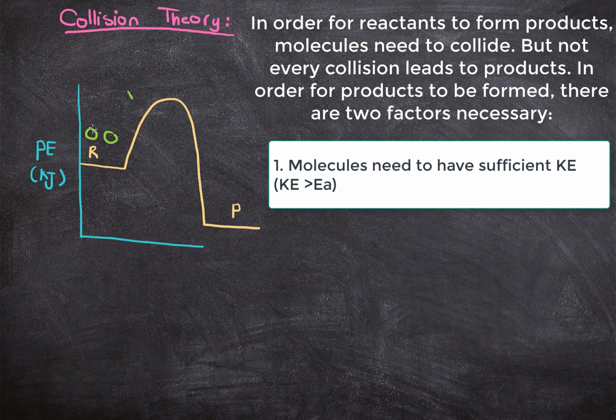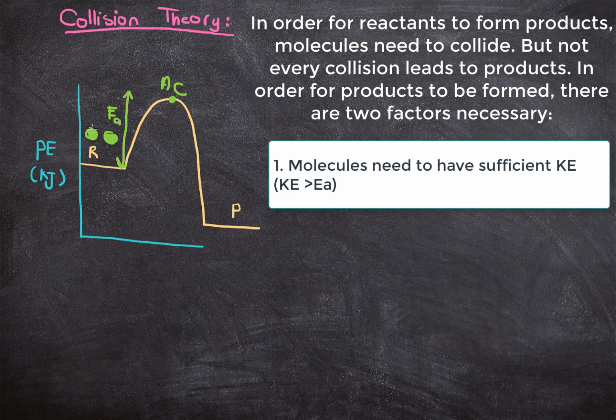We talked about another factor, which was activation energy, the distance between the potential energy of reactants and activated complex. This was called activation energy. As you remember, we defined it as the minimum amount of energy required for the reaction to take place. So looking at these two reactants, they have to have kinetic energy equal to or greater than activation energy in order to make the activated complex first, so that once the activated complex is formed, then we can make the product.